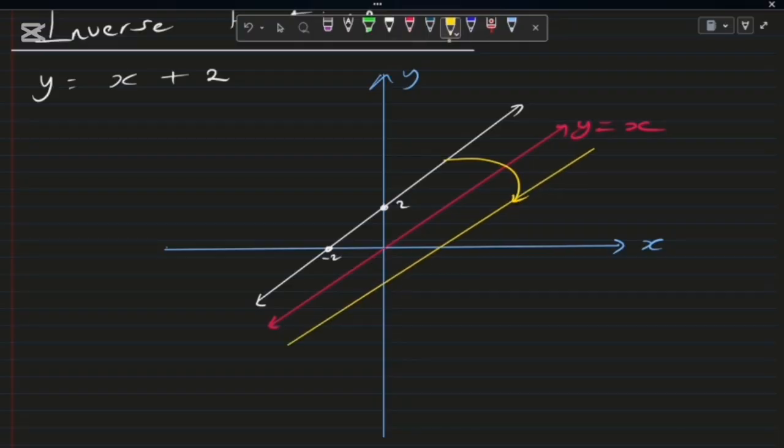Now, that straight line that I obtain, or that graph that I get, is what we call an inverse function. So an inverse function is the graph that you get when you take the function and you reflect the function over the line y is equal to x.